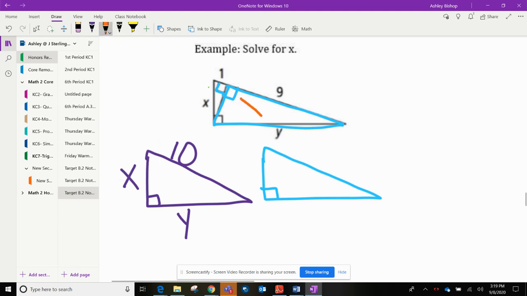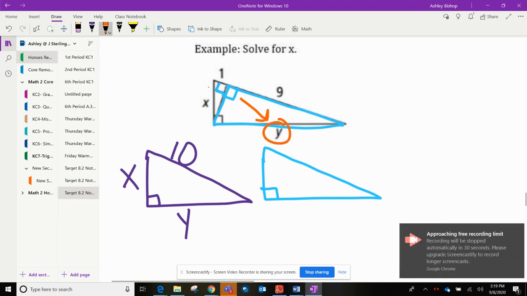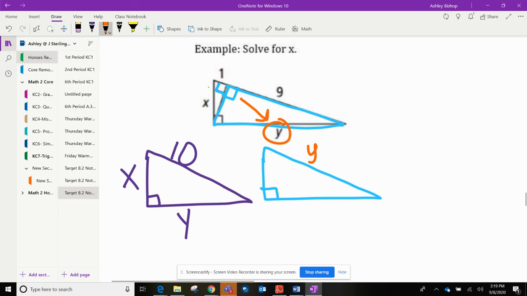And then across from that right angle is my hypotenuse. So my hypotenuse in this problem is actually y. And then my y will be there. And then my short side, I don't know my short side. And my long side in this blue triangle is going to be 9. My long side is going to be 9.